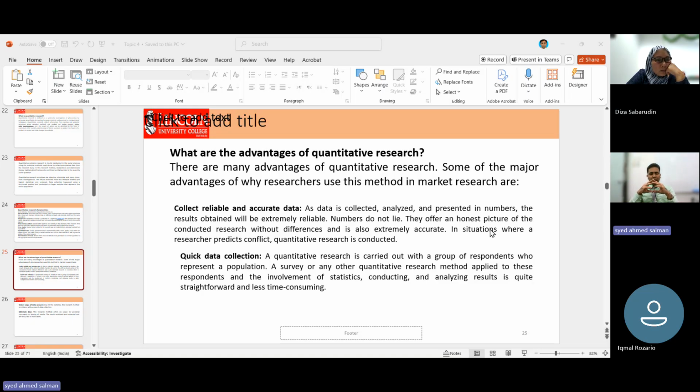And whenever you have the data, try to save the data in your laptop. Try to save your data, okay?